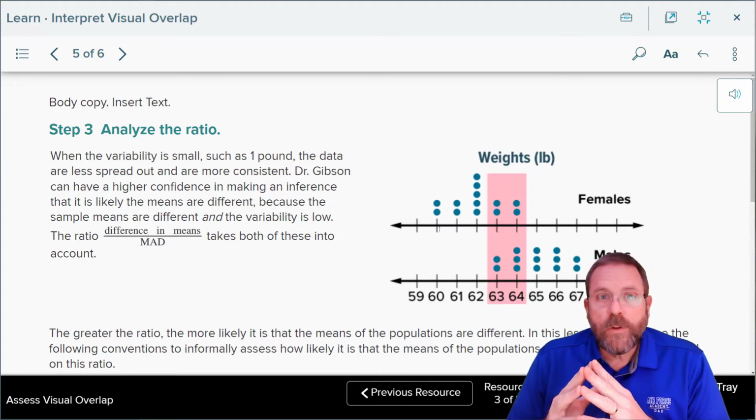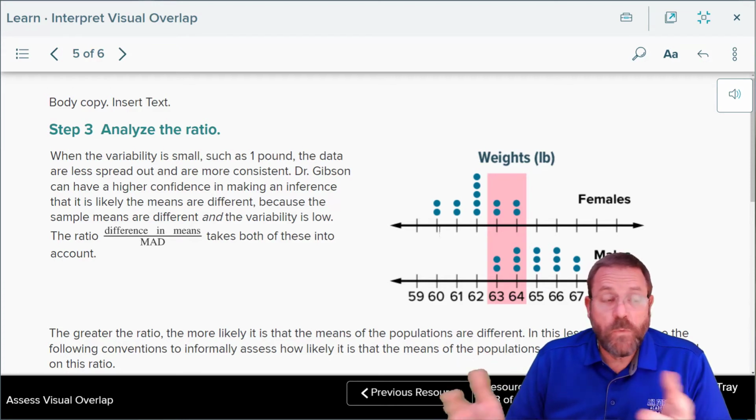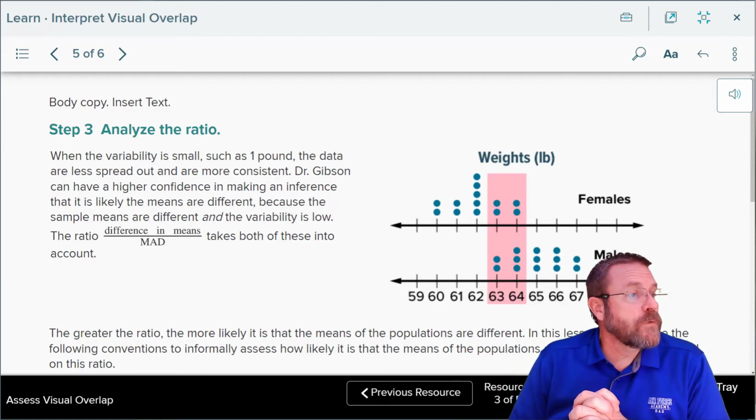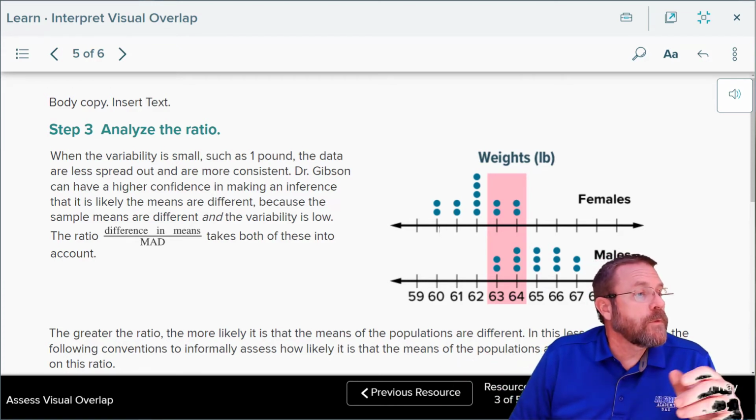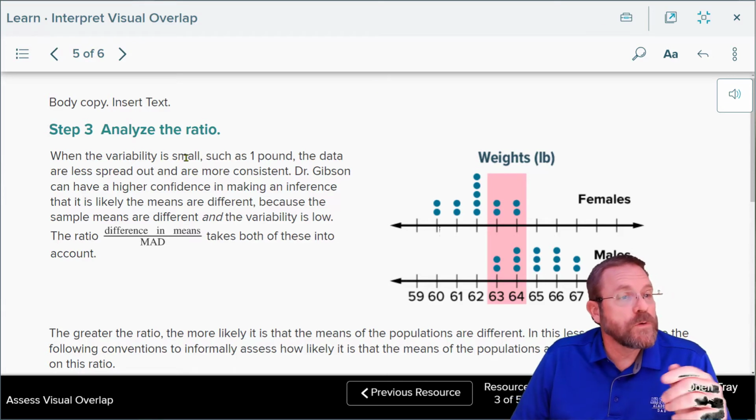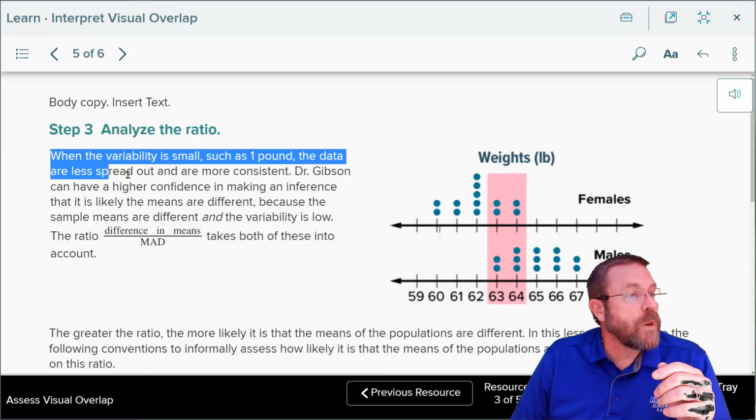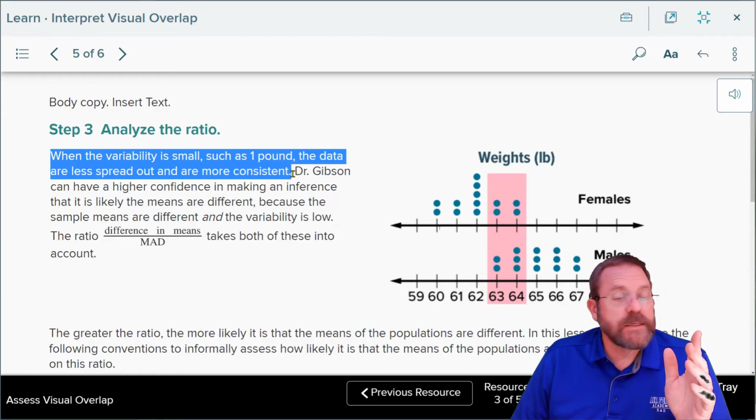When the variability is small, such as 1 pound, the data are less spread out and are more consistent. Okay, everything's clumped there together.